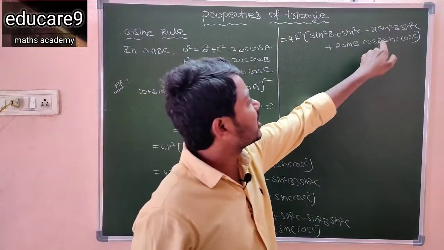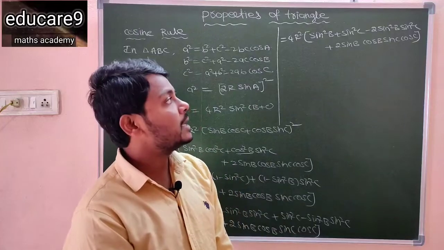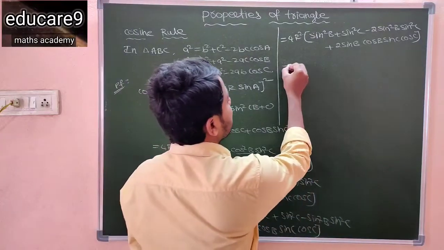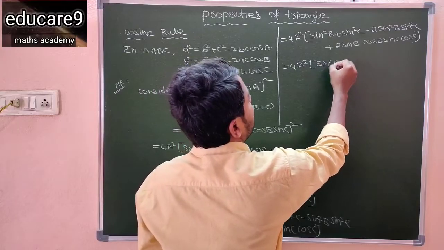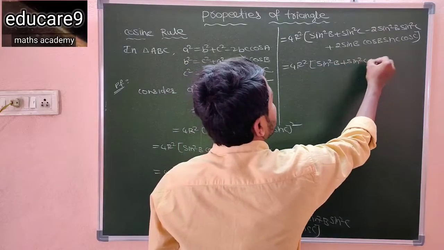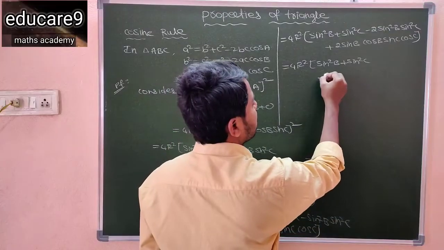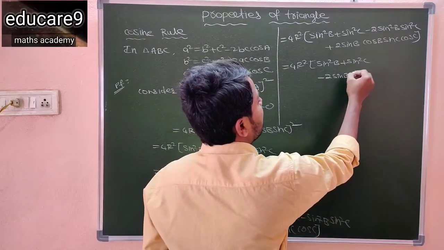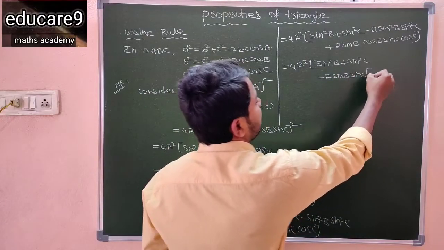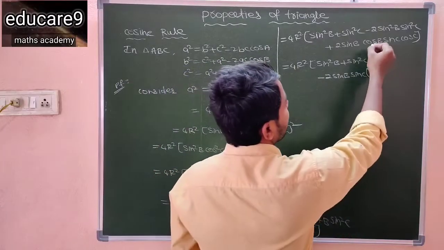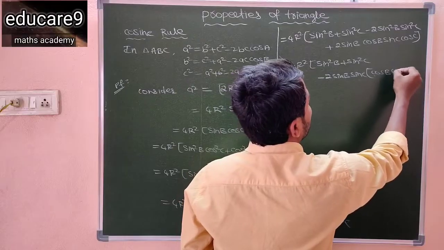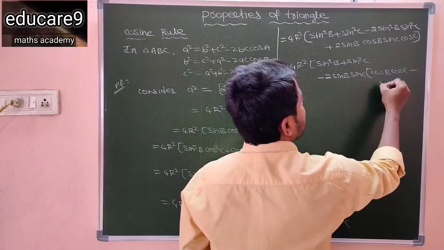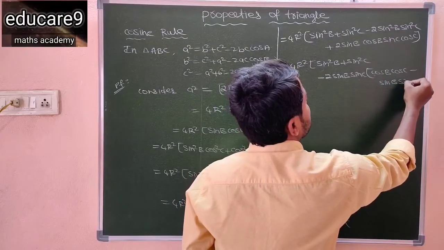See here, in both terms 2 sin B sin C is common. This is 4R squared into (sin squared B plus sin squared C, minus 2 sin B sin C is common, and what you get here is (cos B cos C minus sin B sin C)).